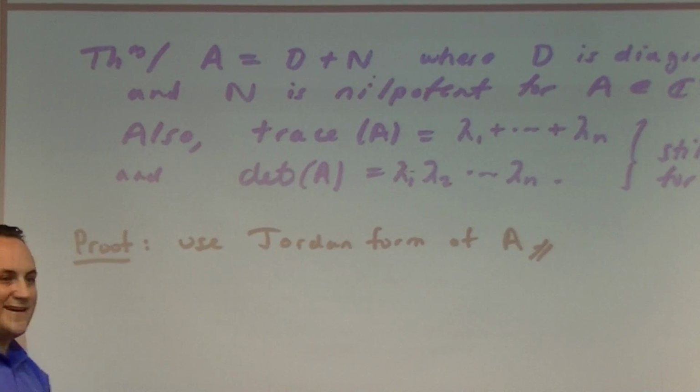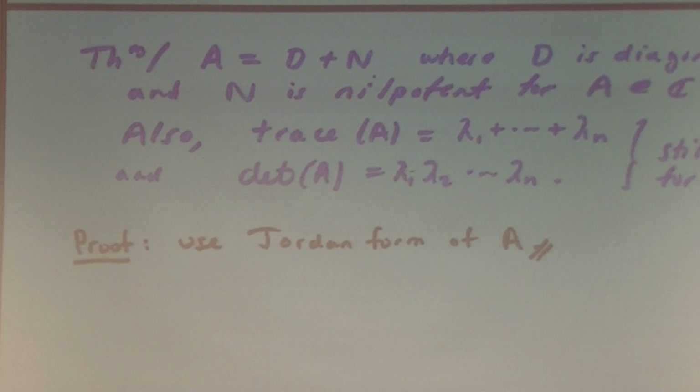Consequently, the same is true for A. Is that because when you write it out in the Jordan form, the diagonal would be them? Yeah, the determinant and the trace come from that diagonal. That would be much more difficult to prove without Jordan form.